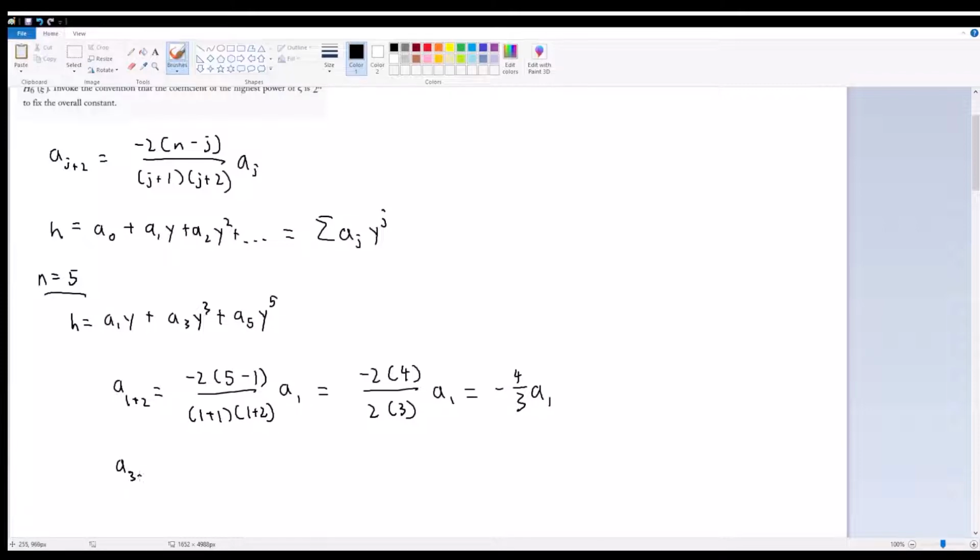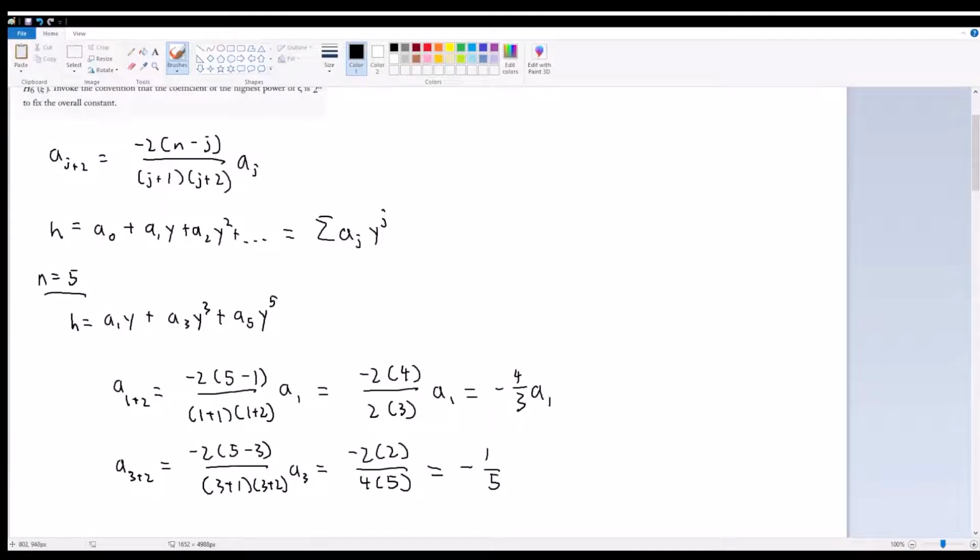A of, let's see, this is a3. So 3 plus 2 is going to equal negative 2 times (5 minus 3) over (3 plus 1), (3 plus 2), a3. This is going to give us negative 2 times 2, 4 over 4 times 5. The 4's cancel. This is equal to negative 1/5.